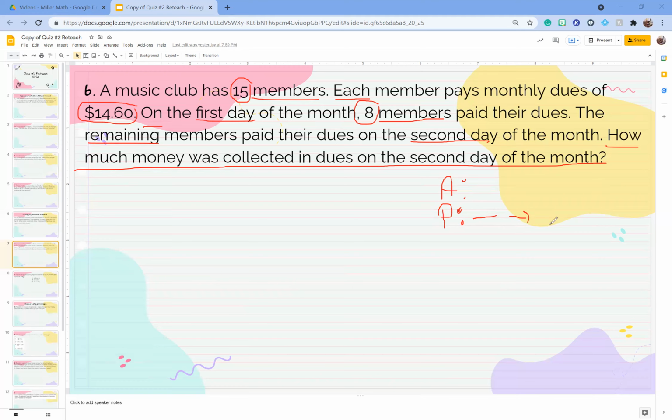Then we need to multiply to find out how much money they made. So we have the first day, or this is our total, minus the first day. Whatever you have left is how many people paid the second day. So we do the same thing that we did in the last question. That number times how much each person paid.